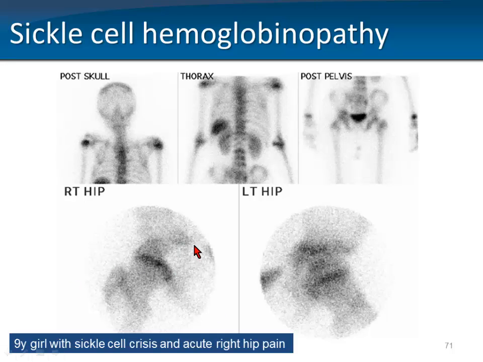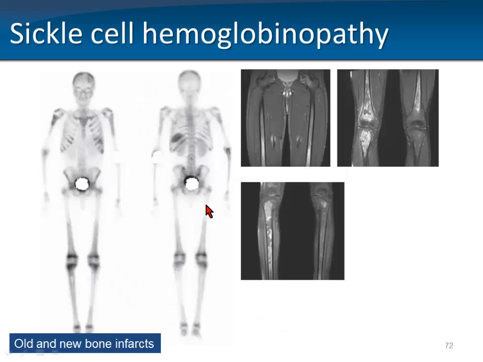Here you see the bone infarct, but please also note that there is a history of things in the skeleton. You see the lumbar vertebrae are abnormal, and what's also asymmetric is the iliac crest here, so this is probably a bone infarction as well. As I said, you usually see many things going on at the same time, so a combination of acute and older lesions.